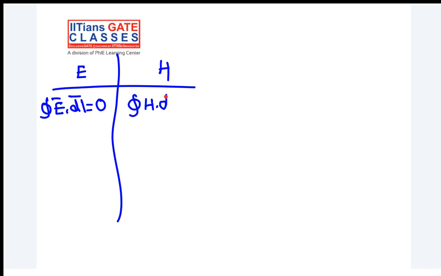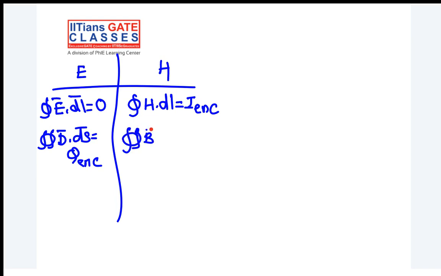Ampere's law says the line integral of magnetic field intensity is equal to the current enclosed. Gauss's law says the double integral of D dot dS is equal to the charge enclosed. And when the surface is closed, the magnetic flux leaving the surface is exactly 0. This is in integral form.